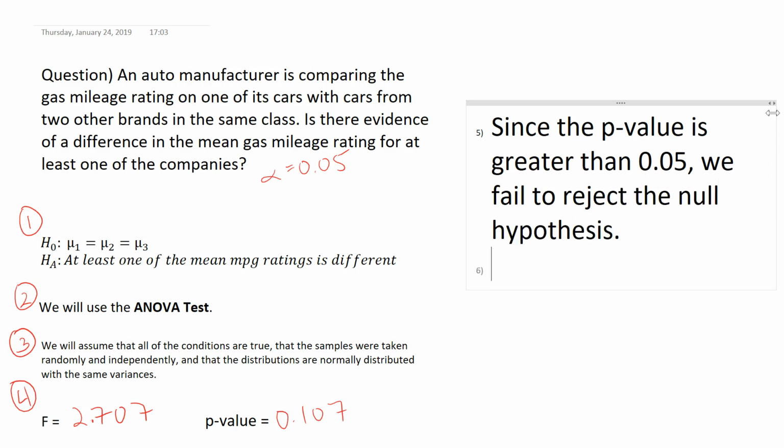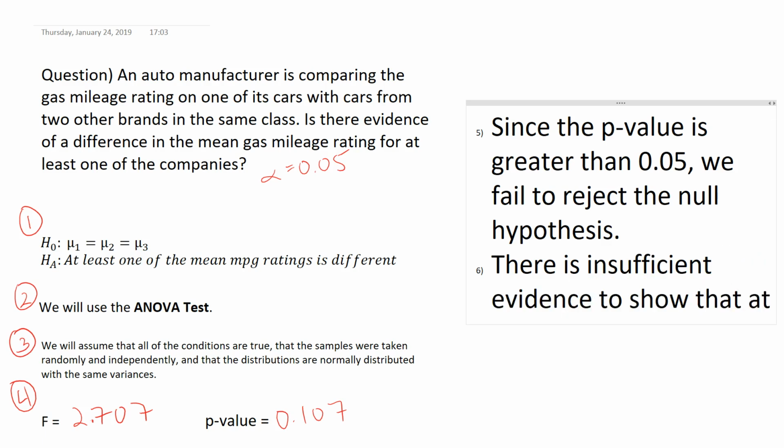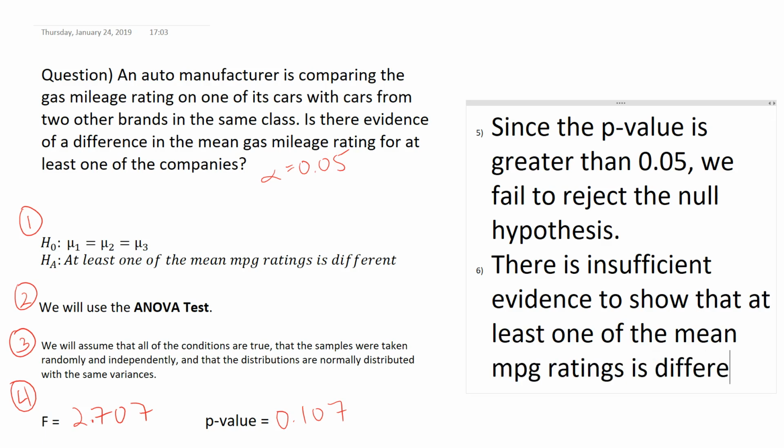And what does that mean for us? There is insufficient evidence to show that at least one of the mean MPG ratings is different. So these companies are basically, for the most part, equivalent.